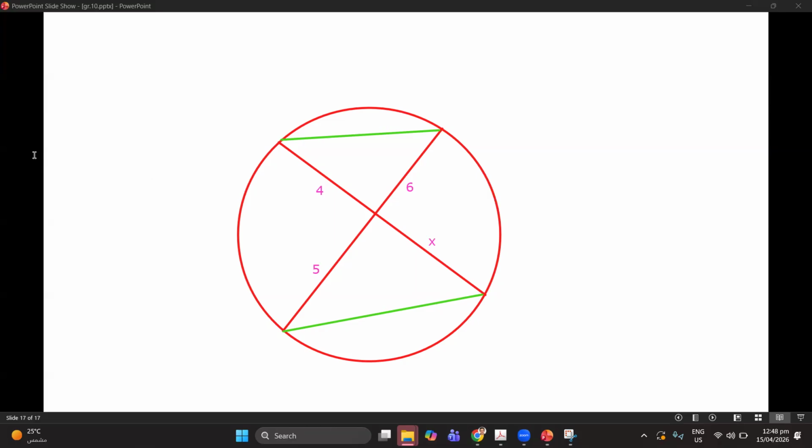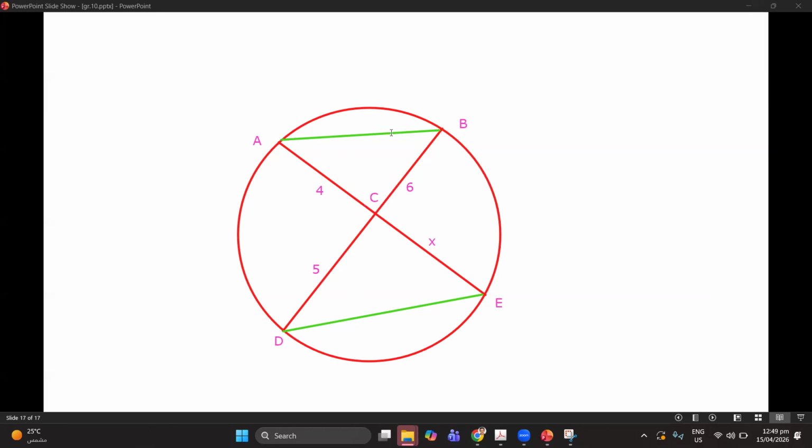Now, using similarity, if I have here A, and here is B, and here is C, and here is D, and here is E. Now, how can I prove that triangle A..., yes?